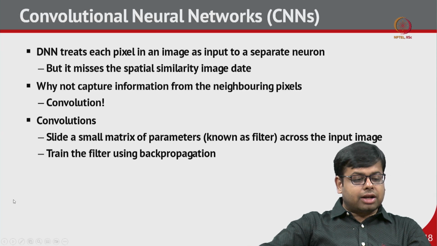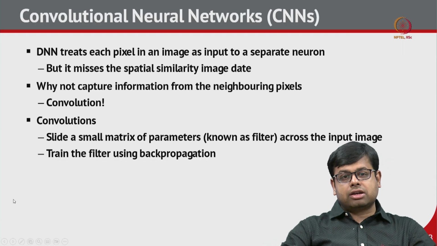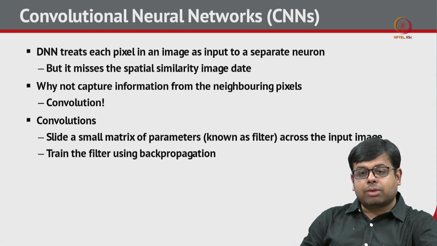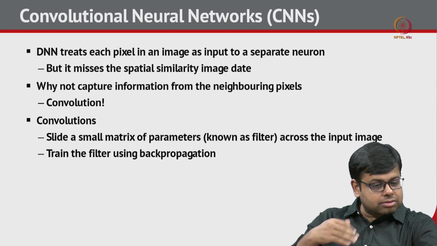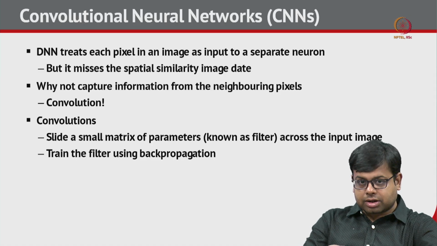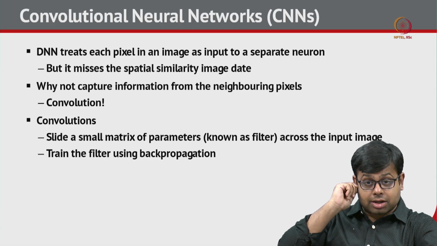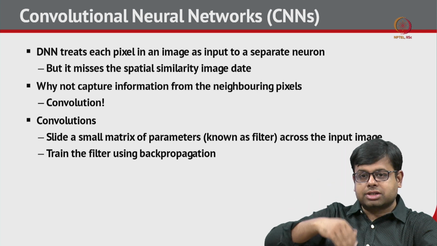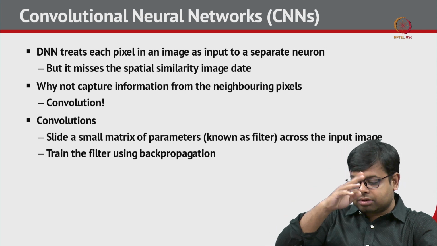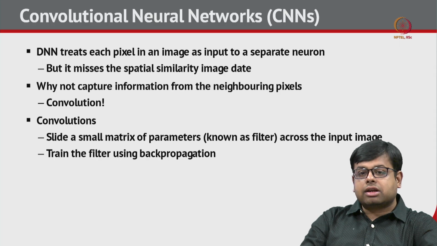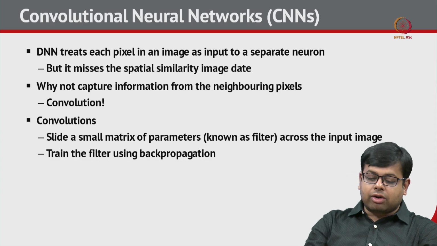Then let us now talk about convolutional neural networks. Remember we talked about the multi-layer perceptron, which is nothing but a deep neural network. In the multi-layer perceptron, the very first input layer has multiple inputs. Now the convolutional neural network came into the picture mainly for image recognition.